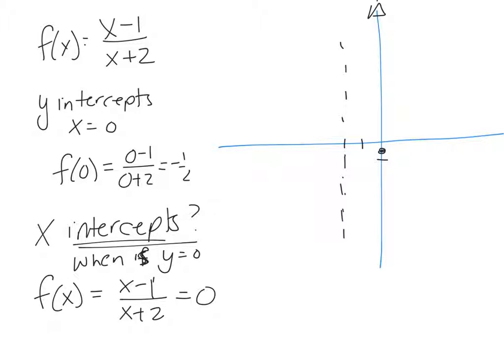To find the x-intercepts, we're trying to figure out when the function is 0, so we set the function equal to 0, and the way you figure it out is you set the top equal to 0. The bottom can never equal 0, so that's not going to be helpful. So if x minus 1 equals 0, x equals 1, that is the x-intercept. That's the 0 of the function. So when x equals 1, we cross the x-axis.